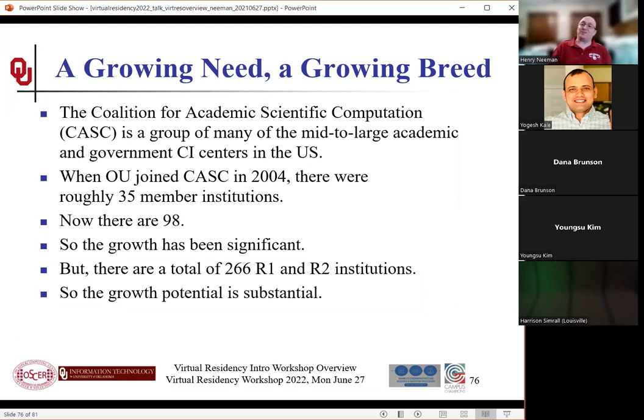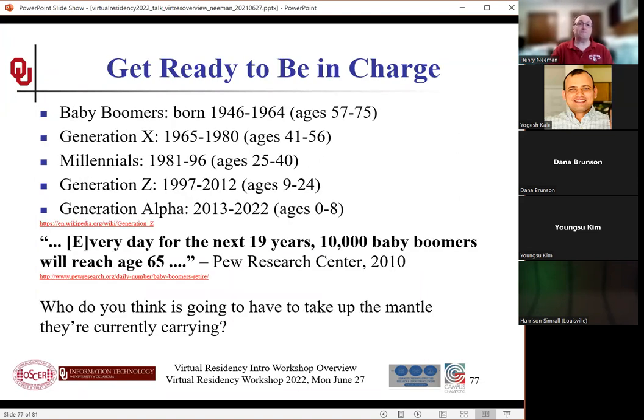That's a good analogy for research computing in general, right? There's an enormous amount of growth potential that we can tap into. And we've got to be ready to get dragged kicking and screaming upstairs, because it's gonna happen, right? The baby boomers have been in charge for a long time. They'll be happy to tell you. By the way, I missed the baby boom by 1 year.